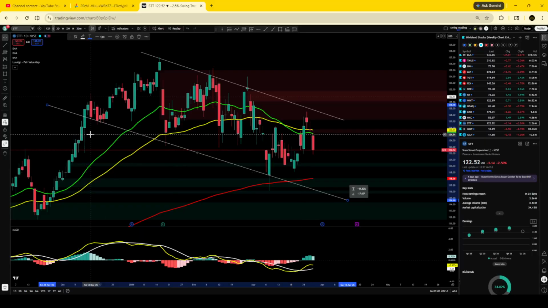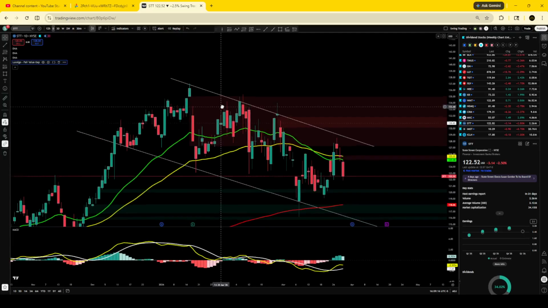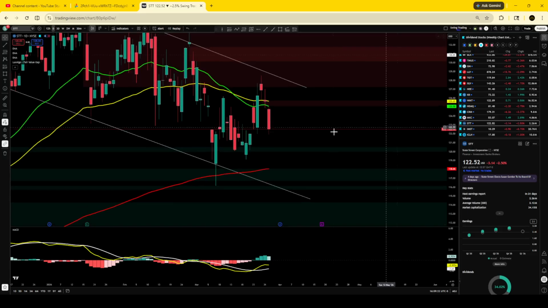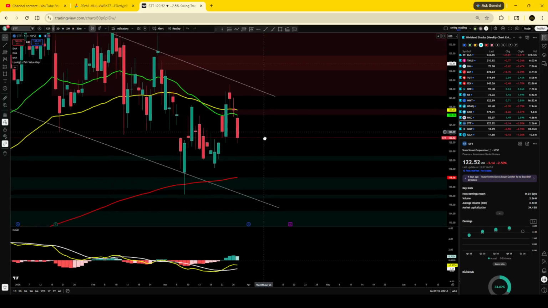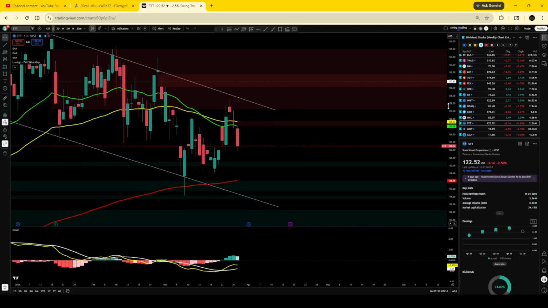So we got 1, 2, 3, 4, 5, 6, 7. So support, resistance. Support, resistance. So we know where price can go, and we also know where price has been, if that makes any sense.